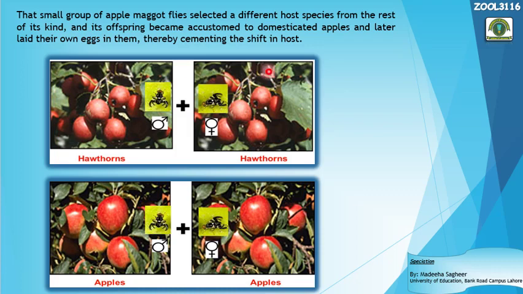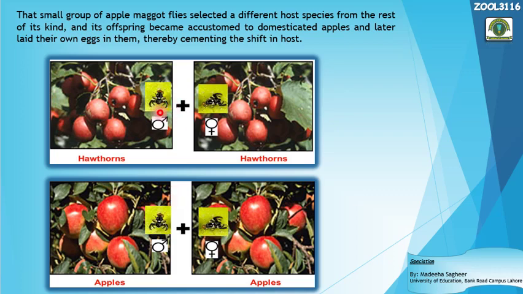Now here in this picture you can easily see what happened. These are the hawthorn berries, and these are the apples, and these are the maggot flies that are being brought up on the berries of the hawthorn plant, and that are being brought up on the apples. Now they have changed their host.